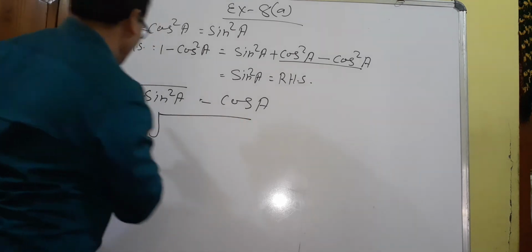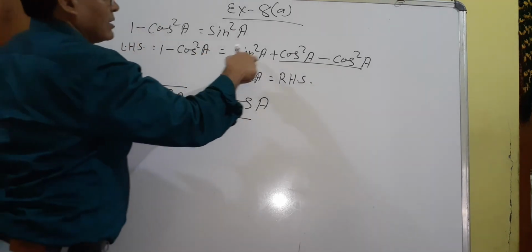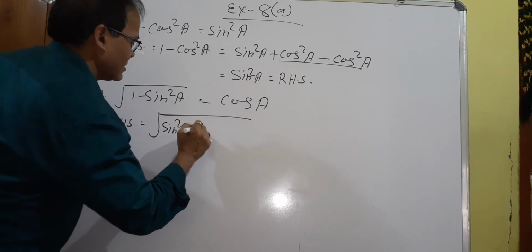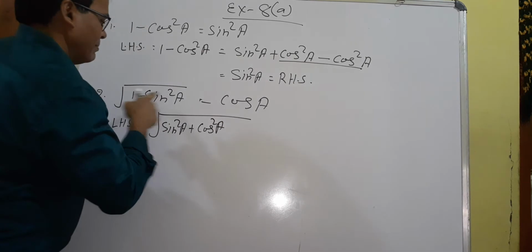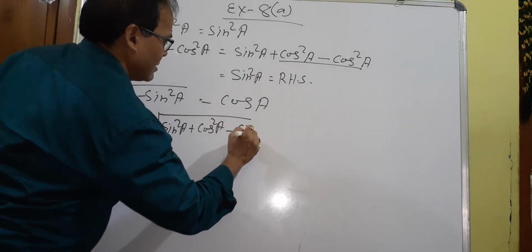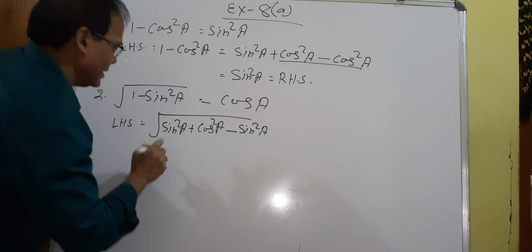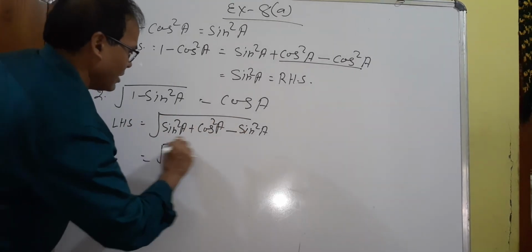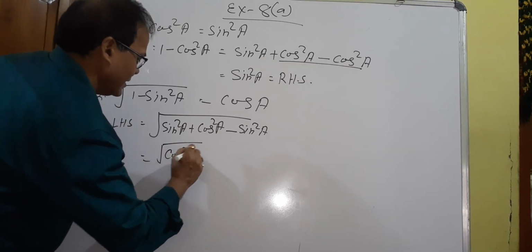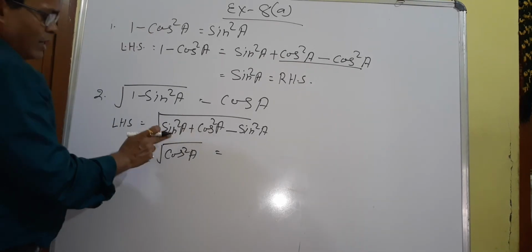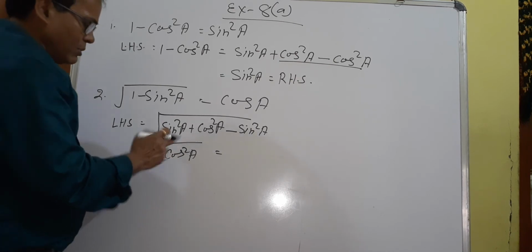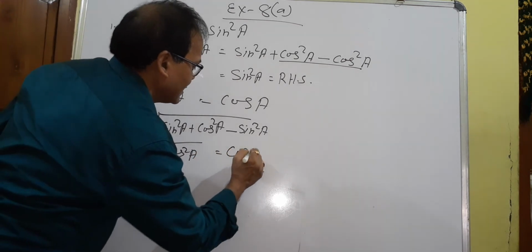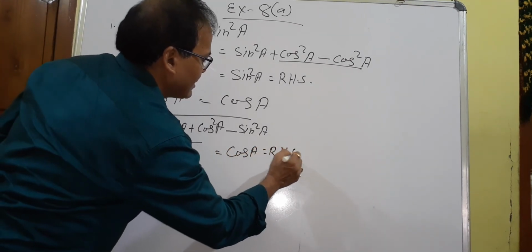Square root of 1, in place of 1 we can use sine square A plus cos square A minus sine square A. Sine square A minus sine square A will be cancelled and you will get square root of cos square A. Square root of cos square A, square and square root will go together and we will get only cos A, which is the right hand side.